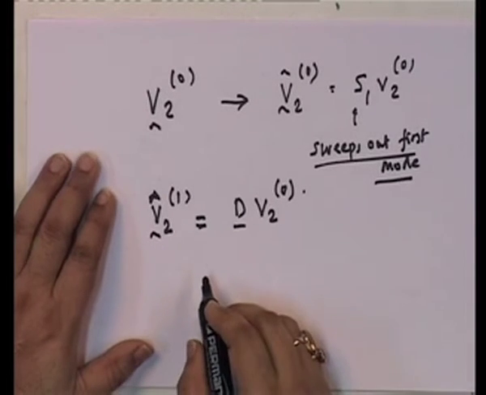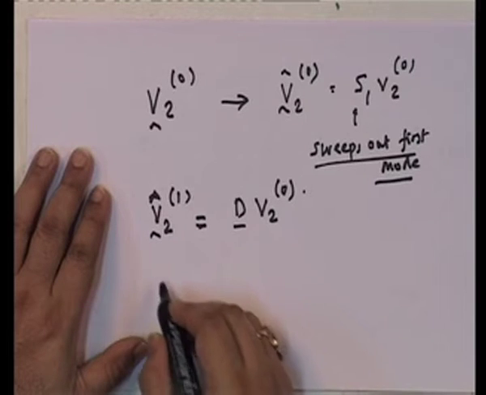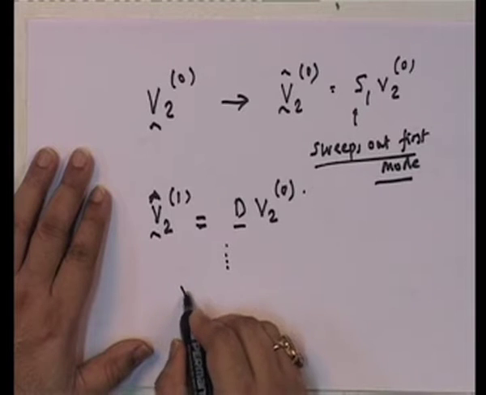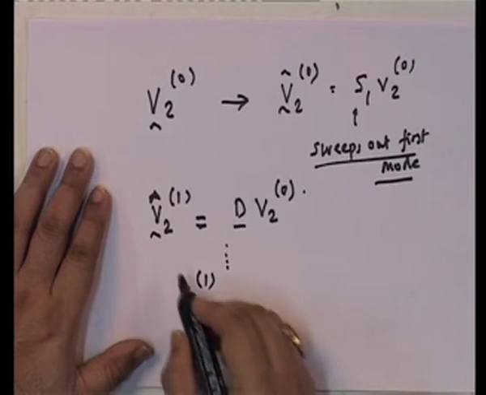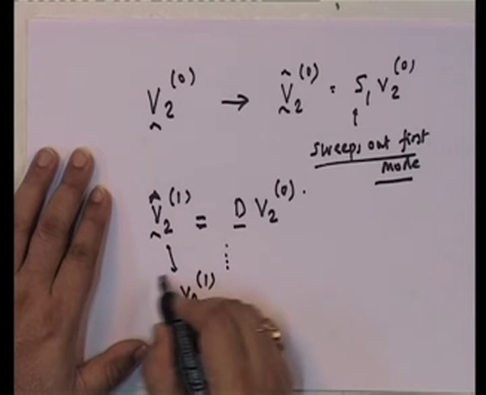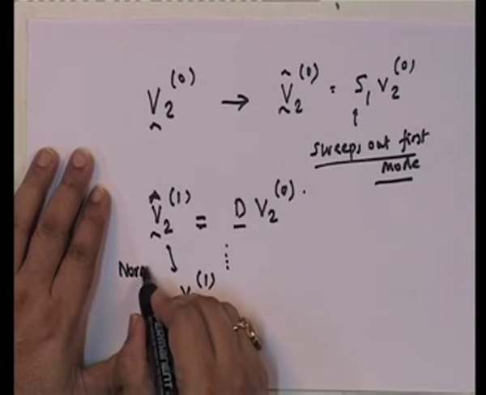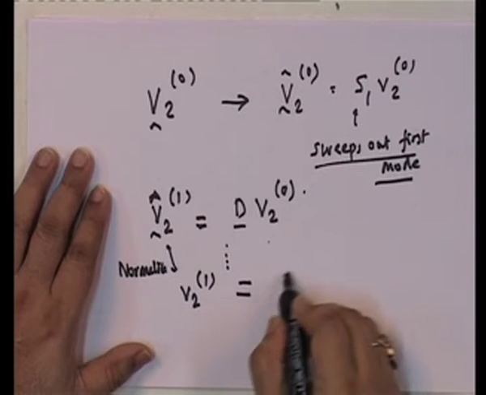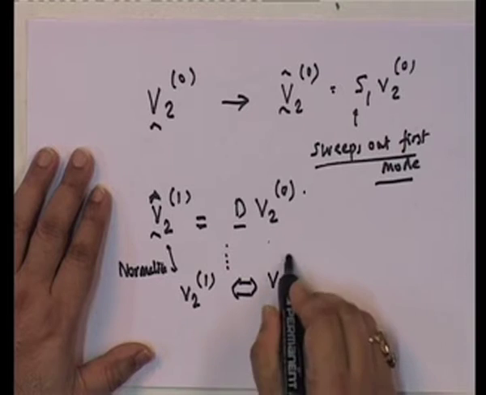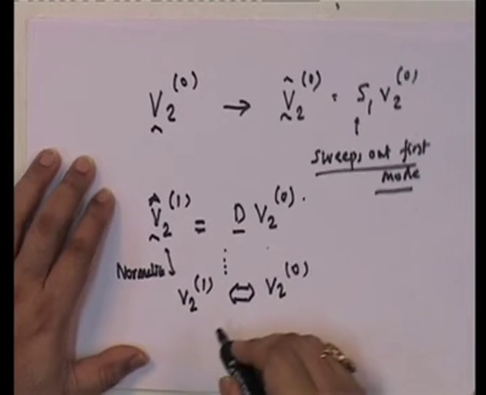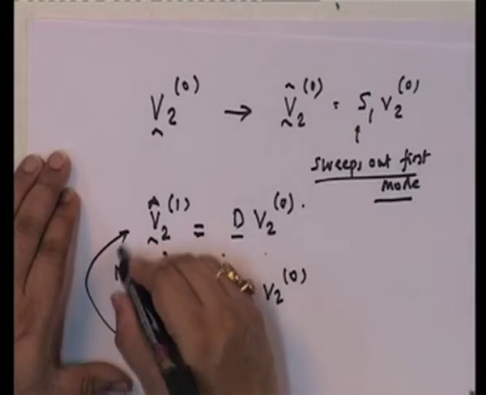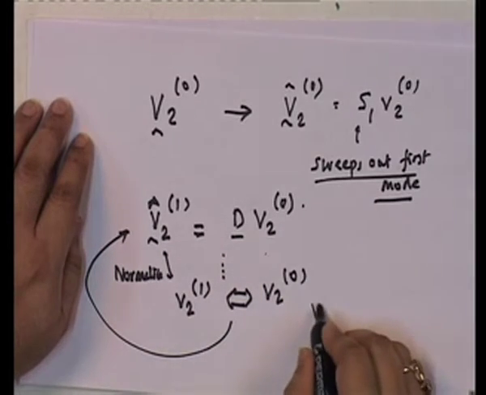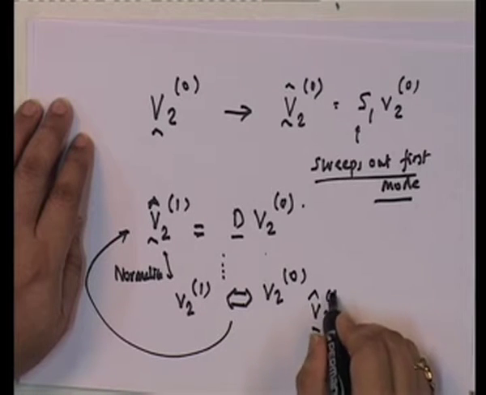Now next, check V2 1, this is normalized, and check against V2 0. Then iterate, and this now becomes V2 2.